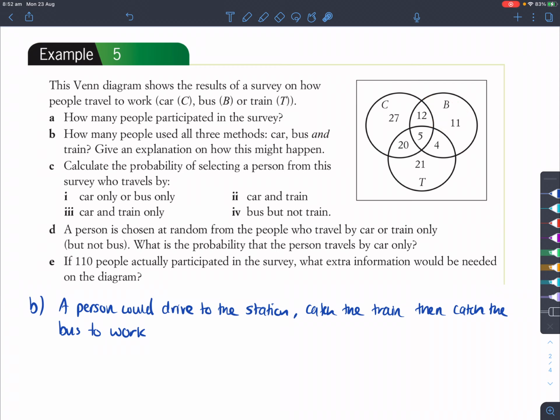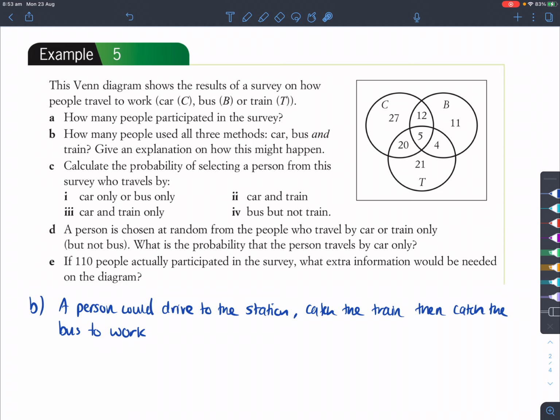Now the people in the middle here would take all three of them because it's the intersection of all circles. The people here would take the car and the train, whereas the people here take the bus and the train only, and the people here take the car and the bus only.